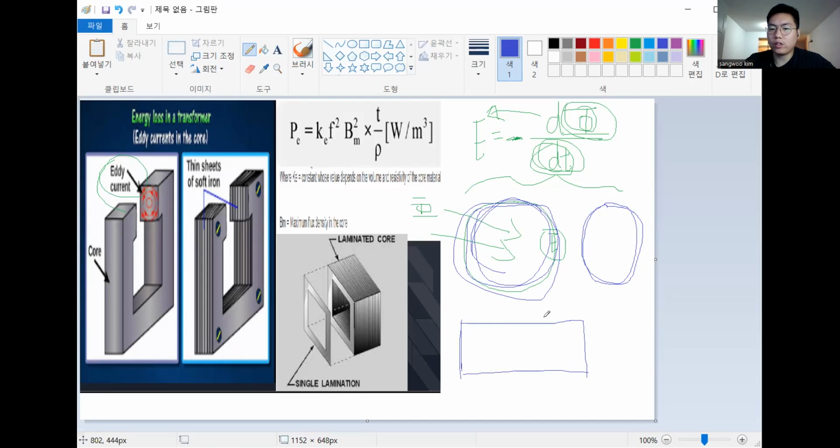You guys may think this square shape has one way. No, actually, because of the square, the eddy current is like this. There are many ways, many paths it could make, depending on the situation. That's eddy current. So why do we laminate? Because, as I explained, the thickness is proportional to the eddy current loss, right? So let's see more.